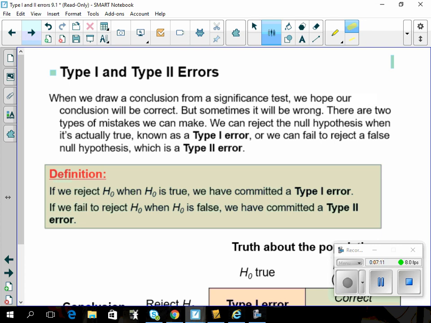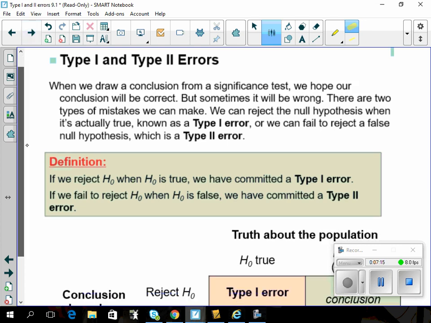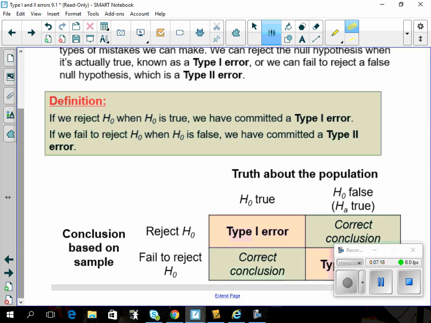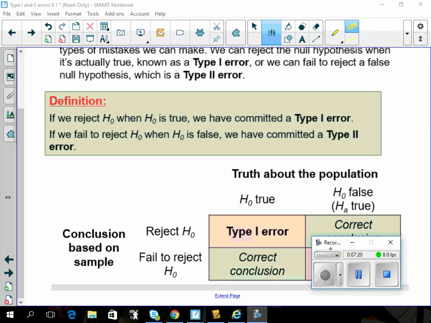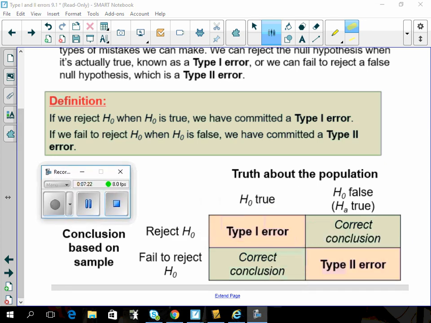There are two errors, called a type 1 and a type 2 error. Please look at the table on the back of your assignment sheet, so you don't have to copy it down. The null hypothesis, which is the status quo, the claim, can either be true or false.